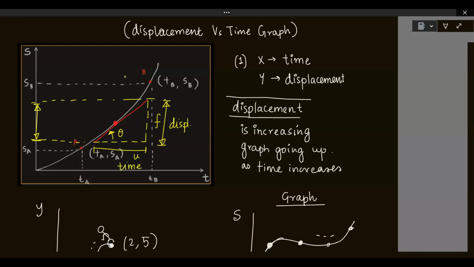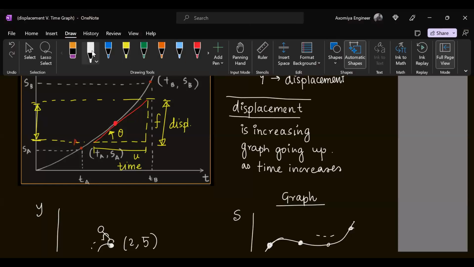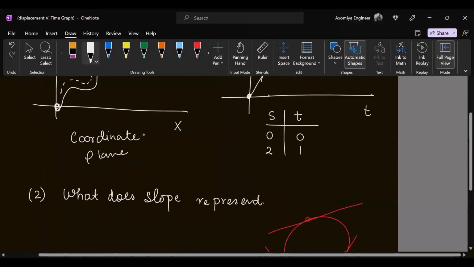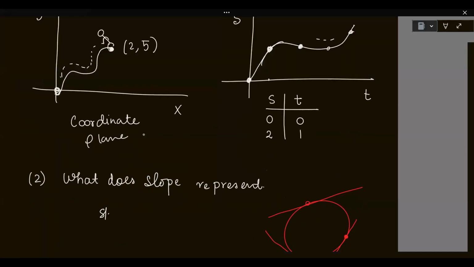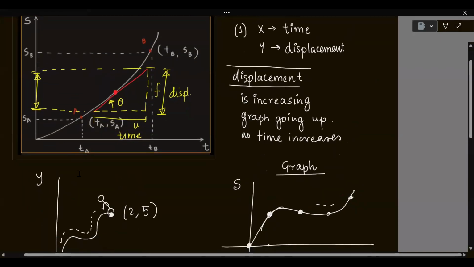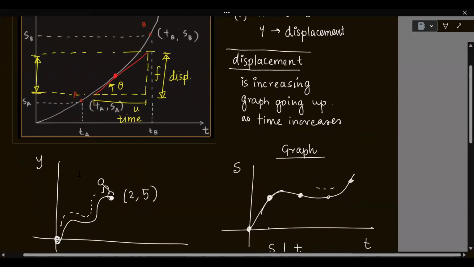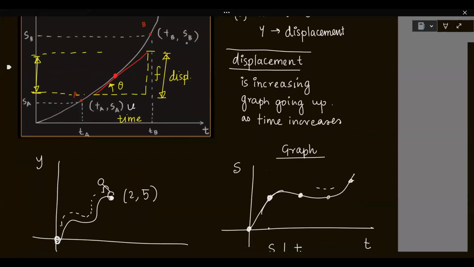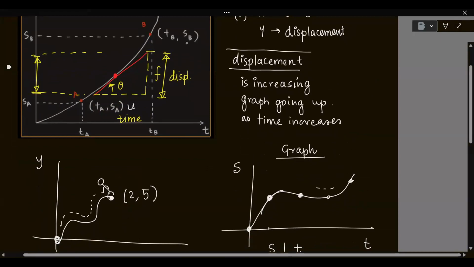So if you ask, okay, sir, what does slope represent? Well, slope is tan theta. But we know tan theta in this triangle. What will be tan theta? Tan theta will be F by U, right? Because it's a right triangle, and the definition of tan theta is opposite by adjacent.